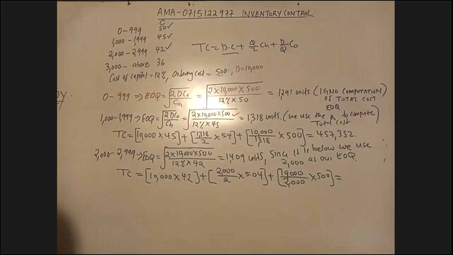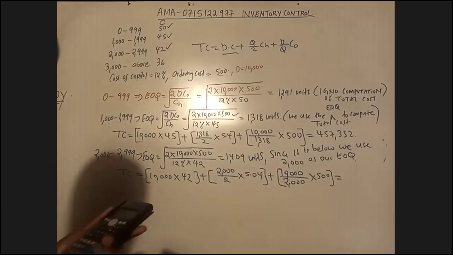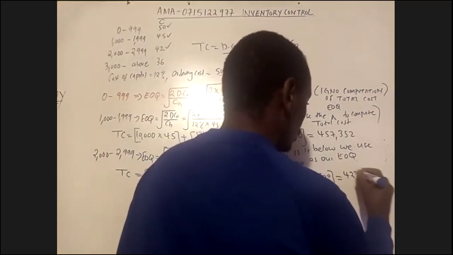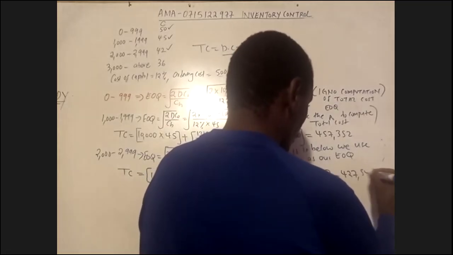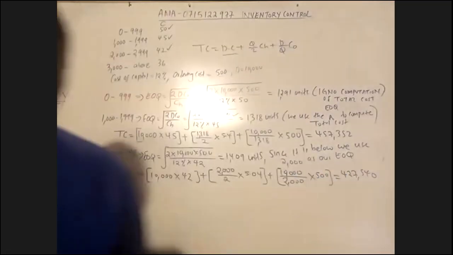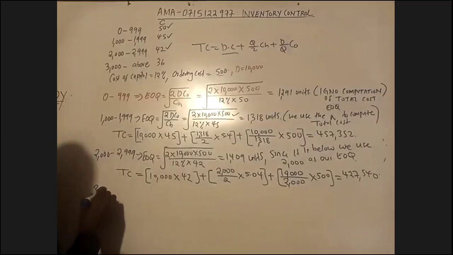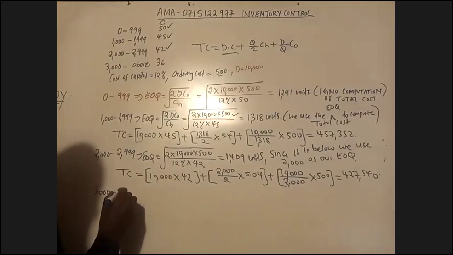So 10,000 times 42, plus 2,000 over 2 times 5.04, plus 10,000 over 2,000 times 500. Then we finish with the last range, between 3,000 and above.